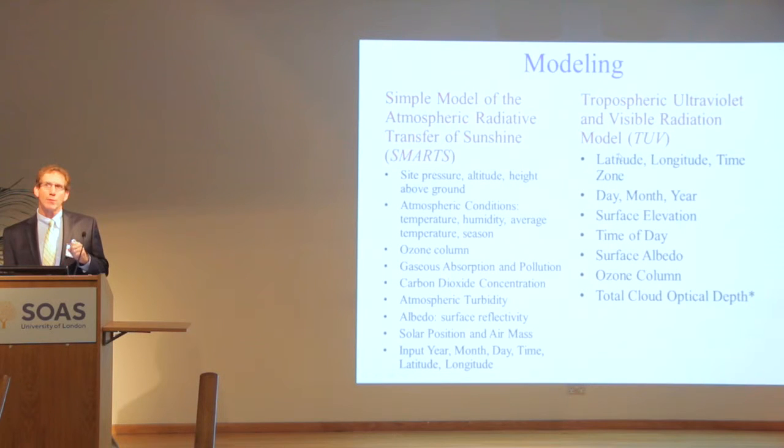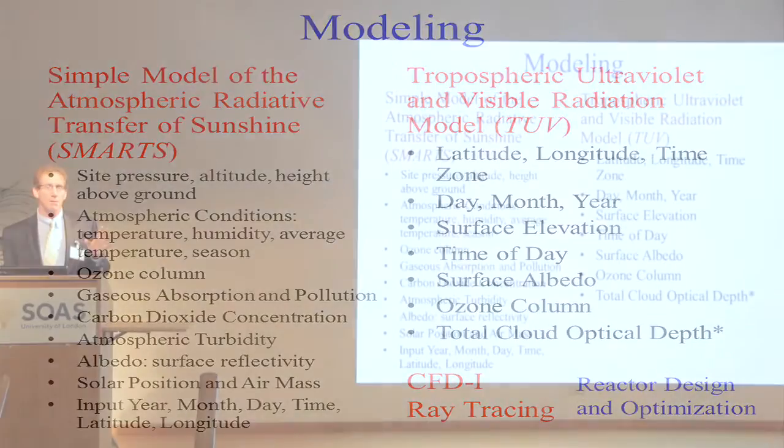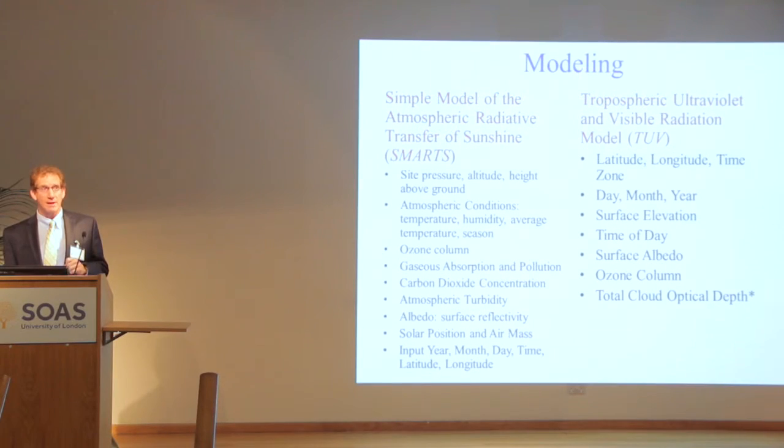You can download it on the web, and TUV, another model that you can download from the web. These are both models that allow us to pretty accurately simulate spectral irradiance at any location, meaning latitude, longitude, altitude, and based on atmospheric condition, time of day, all of the parameters that are likely to be relevant with respect to available spectral solar radiation from the sun.